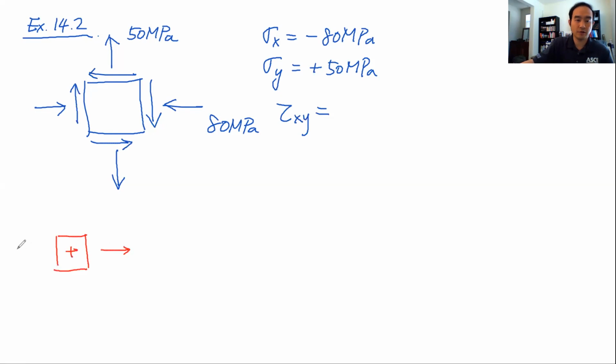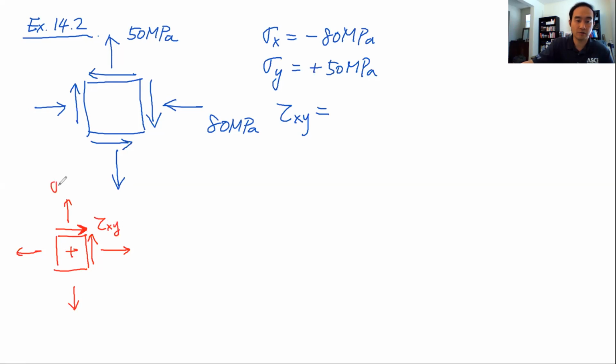The positive direction of normal stress is kind of easy: when we apply a tensile stress, that's the positive direction. The positive direction of the shear stress is this. So when we have this tau yx and this tau xy, tau xy goes upward and tau yx goes to the right. That is kind of a pair. That's the positive direction of tau xy.